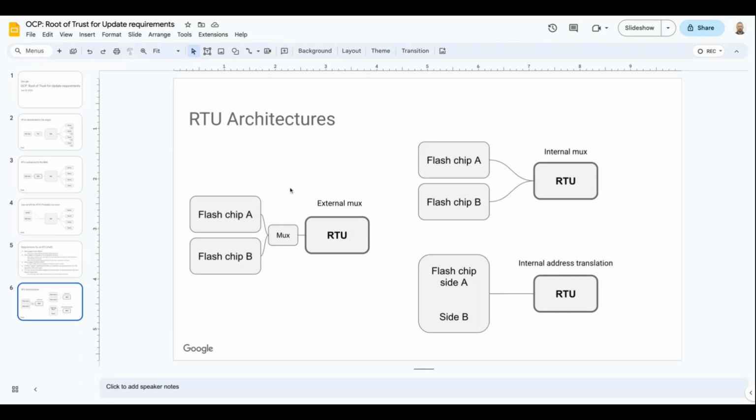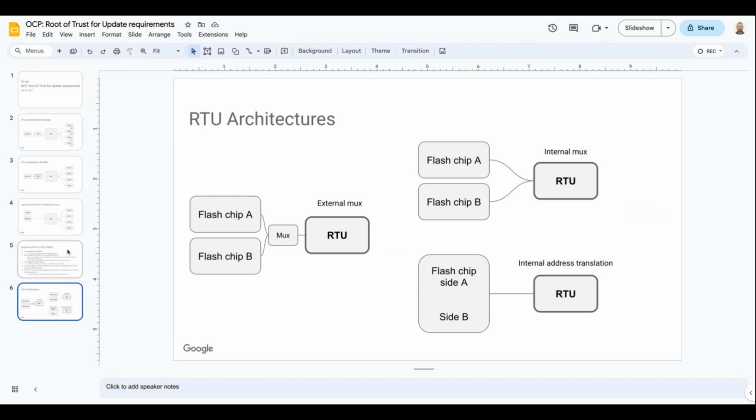Again, this also assumes an AB scheme, but you can have it with two different chips with an external mux, internal mux, just translation or not between your A and B halves within a single chip. We could enumerate these and endorse them as things that have been shown to work. Anyways, that's the content I have for this sketch of a slide deck.